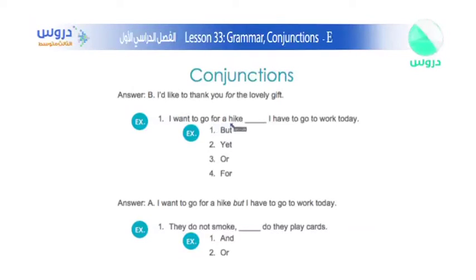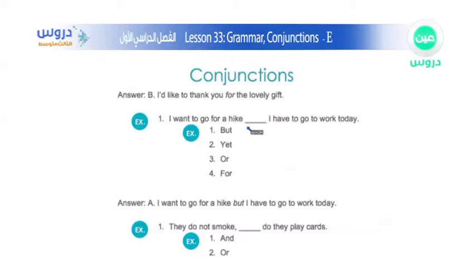I want to go for a hike. Blank, I have to go to work today. You saw the answer here? Yes, but is the correct answer. You know, guys, we use conjunctions just to connect phrases, words, and sentences to each other. For example, this guy said, I want to go for a hike.